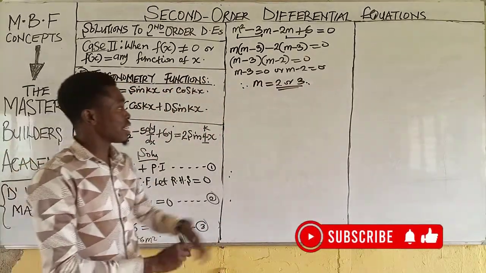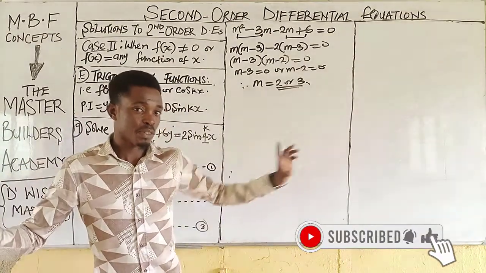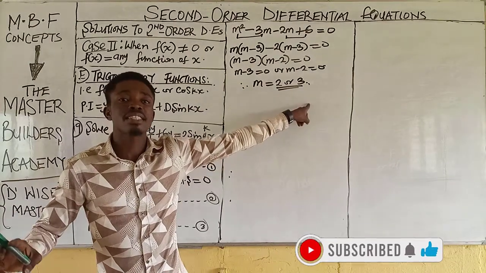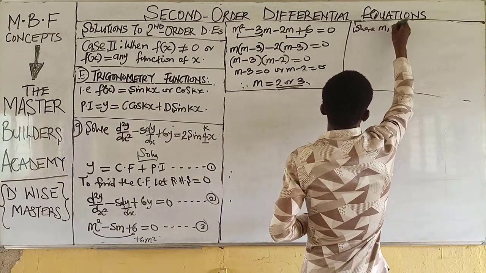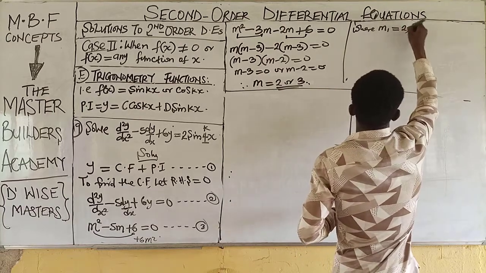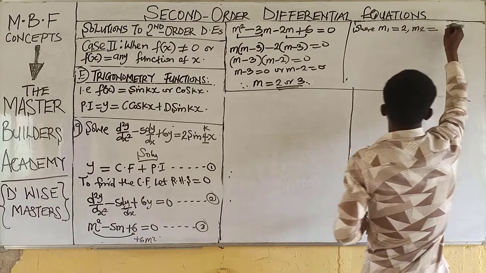Now, if you understand that the results we just have now, they are real and different. So that means this is m1, this is m2. Then m1 is equal to 2 and m2 is equal to 3.